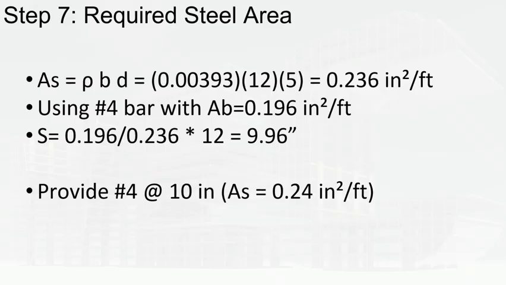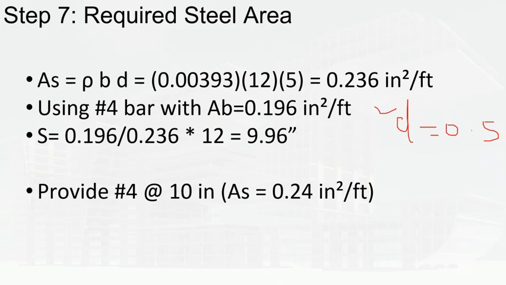When the diameter is 0.5, you find the cross-sectional area using the area of a circle, which is pi d square divided by 4. That's how you will get 0.196 inch square.